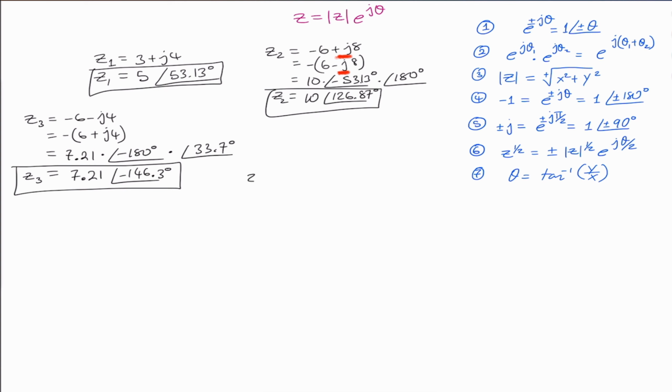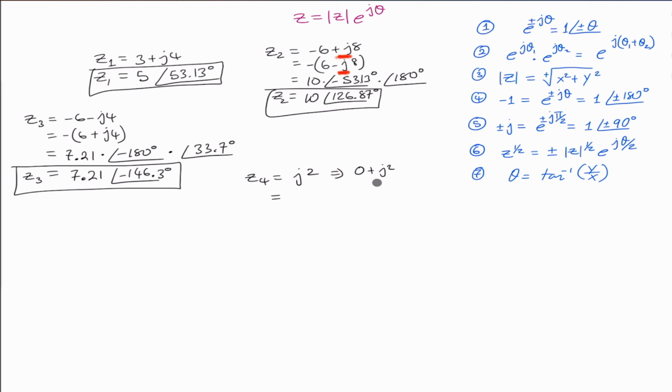That's z3. We then move on to z4. z4 is equal to j2, which we can also write as 0 plus j2. Take the magnitude of that, we're going to get 2, the positive square root of 0 squared plus 2 squared.